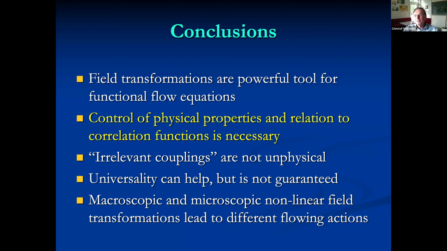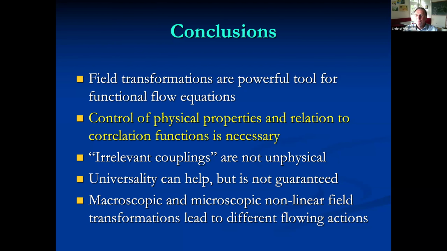We all know that this is not the case, but where does it come from? It comes exactly from this type of, in a certain sense, carelessness of this idea that irrelevant couplings are not physical. And I think that is something that we really have to stay away from.